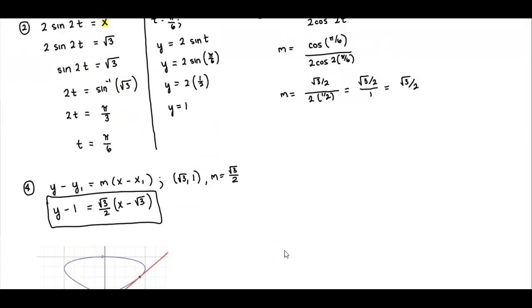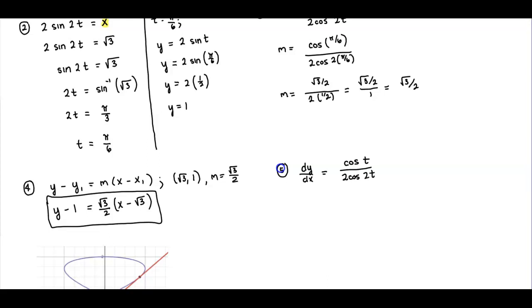So now we want to find the horizontal and vertical tangents. Okay, if we want to find the horizontal and vertical tangents, we need to again look at the derivative of the function. So remember, the derivative of the function was equal to the cosine of t divided by 2 times the cosine of 2t.